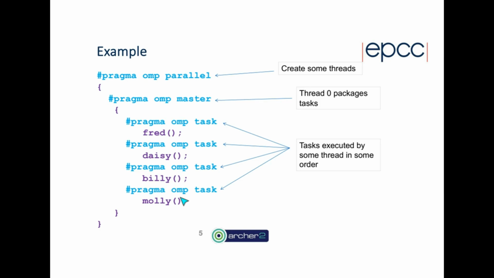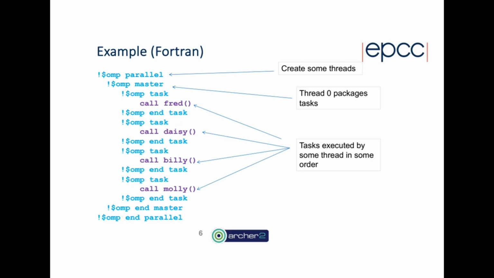It's going to package up those tasks for execution, and the other threads that might exist in the parallel region are available to execute them in some order. So as I said, we don't know which thread, and we have very little influence over which thread executes which task. Okay, and the same idea in Fortran.